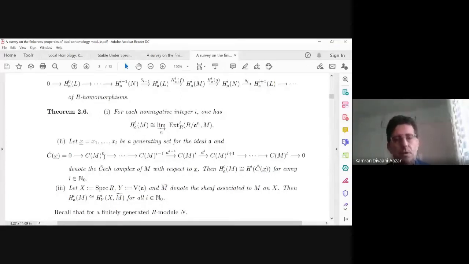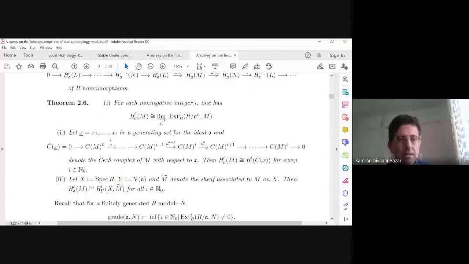And the second one is the following. Let x1 up to xt be a generating set for the ideal A, and this complex be the Čech complex of M with respect to the sequence of elements.